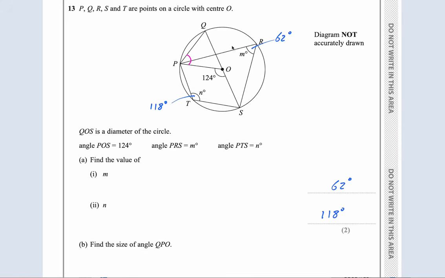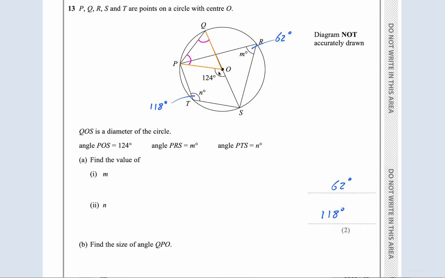Okay, now one thing to note, guys, often this comes up in circle theorems questions, and it's actually not one of the circle theorems, but it's just something you need to know, is that this is an isosceles triangle because these two lines are equal because they're both radii. So these are equal, which means these two angles are also equal, the two pink ones.